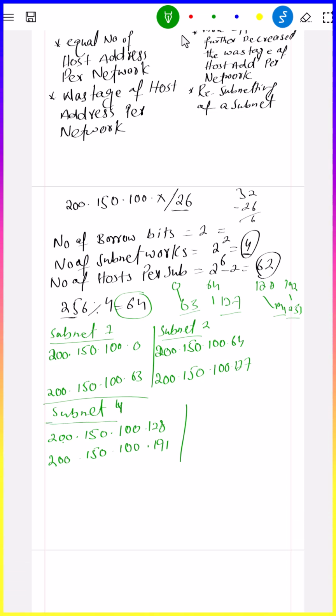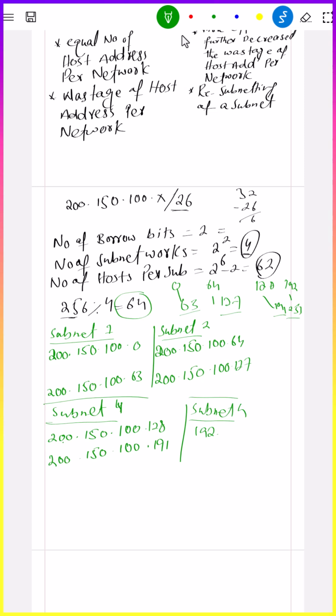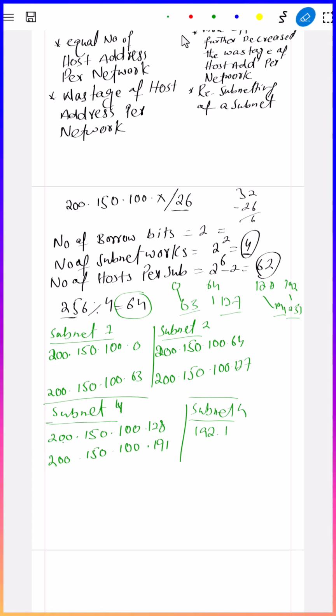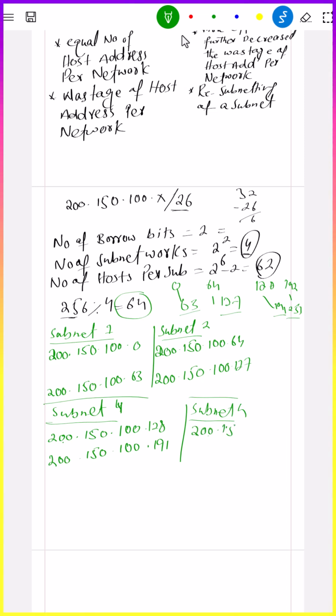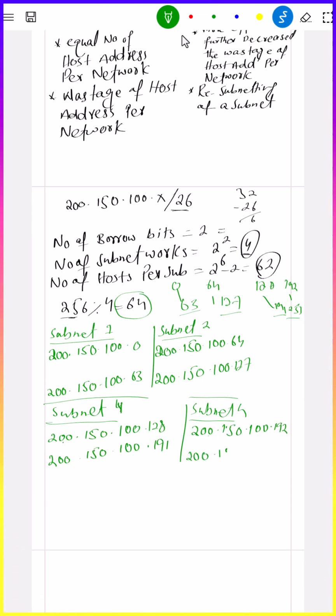Subnet 4, 192, not 192, 200, 150, 100, 192. 200, 150, 100, 255.